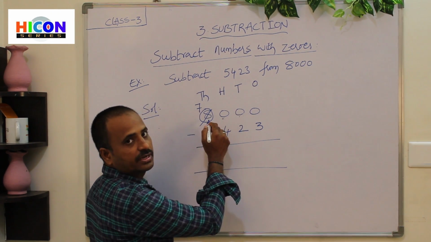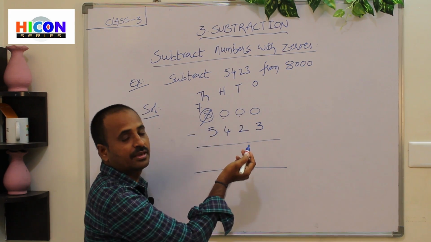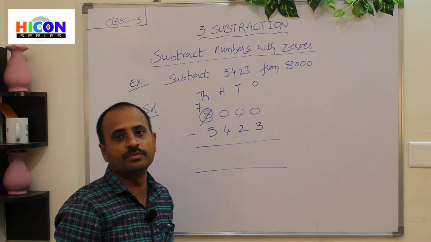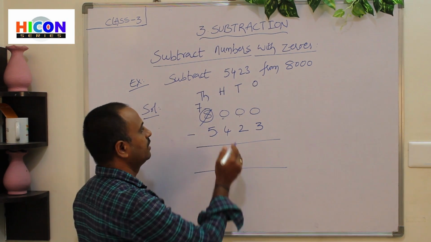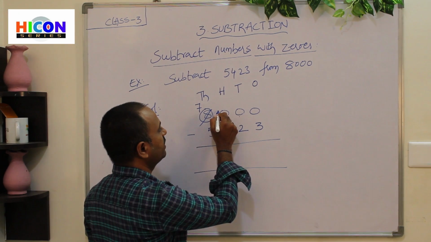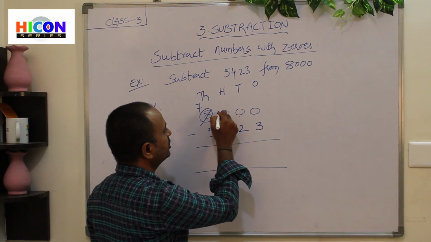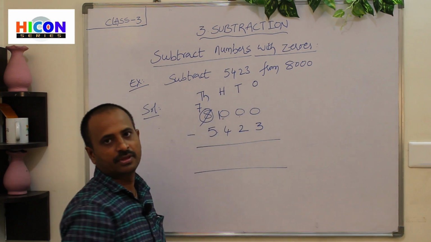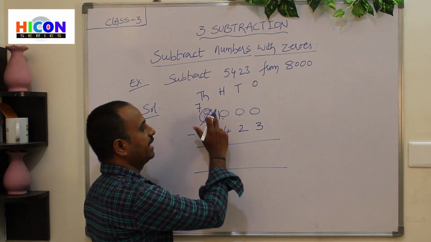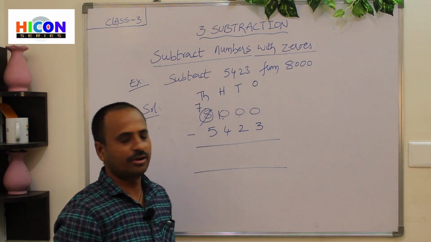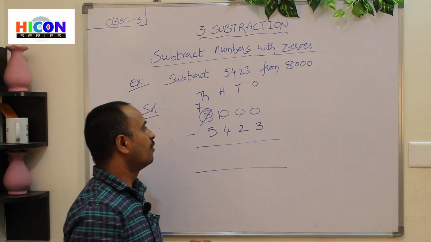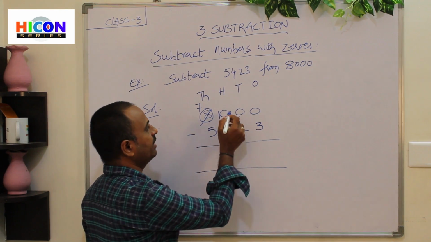That 1000 becomes 10 hundreds. Simply write 1 before it. That means 10 hundreds are there. Now borrow 100 from the 10 hundreds.